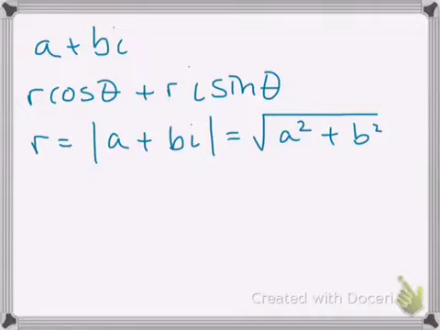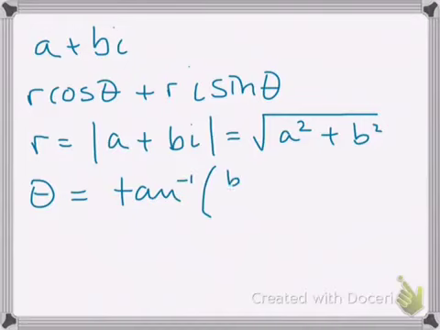Theta is the inverse tangent of b over a, with an asterisk, because we have to place it in the correct quadrant. We have to place that angle theta in the correct quadrant. So we'll use the inverse tangent of b over a, and then we'll place it in the quadrant to get the angle correct.